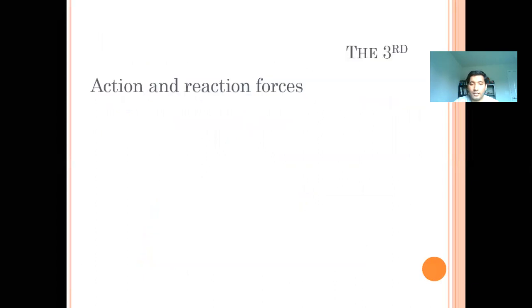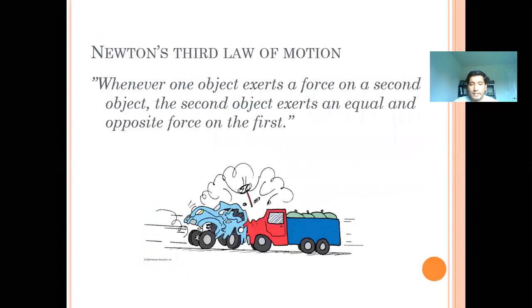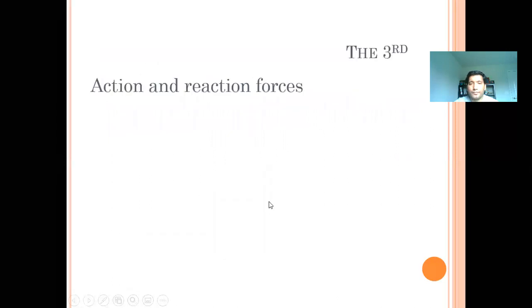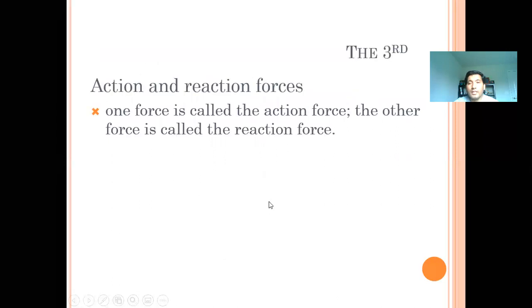Okay, look at the figure here. What is happening? A small car and a big truck are colliding with each other, right? This is action, this is reaction. These are a pair of forces.